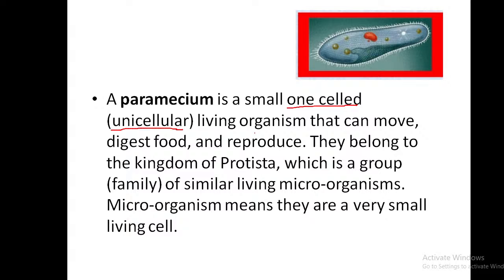Hope you remember the locomotory structures present on the body of paramecium are cilia. They move with the help of the locomotory structures called cilia. Then they belong to the kingdom Protista, and they are very similar to microorganisms, and they are very small. Single cell organism. Can you tell me where it is found?